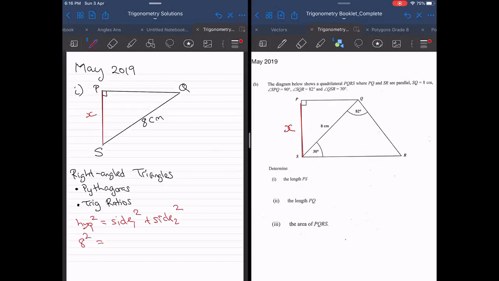So yes, this would be 8 squared. Oh, no, it's not PS, so I want PQ. Sorry, I had the wrong one. Sorry guys, I was supposed to be here. PQ. Oh no, the first one is PS. Oh, I was looking at that one. I was wondering how anybody didn't correct me, you know. But also the unknowns are the length of PS and PQ. Okay, let's go with PS first.